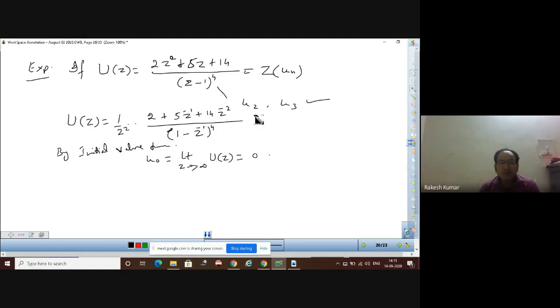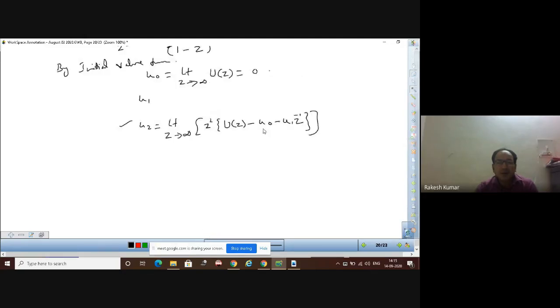But we require u2 and u3. To find u2 we must use u1 and u0, because the formula is the limit as z approaches infinity of z²[U(z) − u0 − u1z⁻¹]. So we require u0 and u1, which is why we are computing these values. u0 is clear, it comes out to be 0.